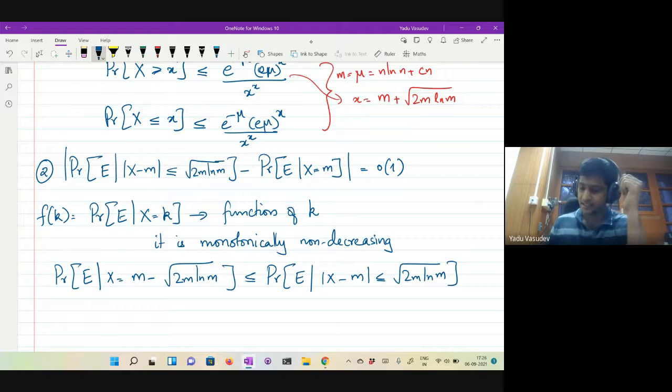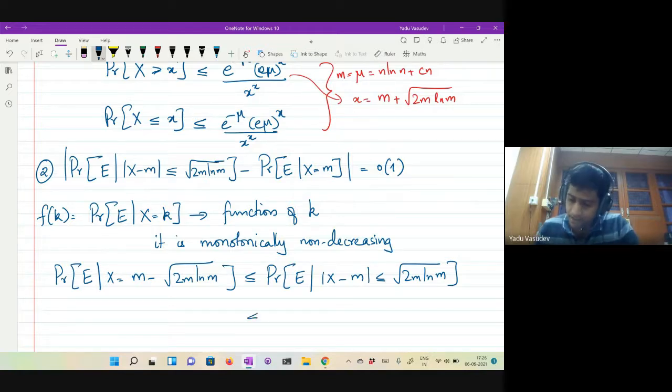You're given that x is equal to m minus square root 2m ln m. What is the probability of E happening? Then that is definitely upper bounded by this, because x can be as large as m plus square root 2m ln m. So this is using the fact that this probability is a non-decreasing function.